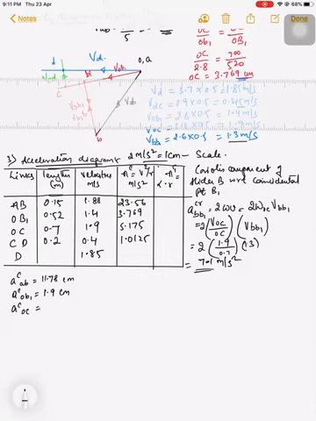Then AC of OC is 5.175 divided by 2, that is 2.5875, so 2.6 we can consider.